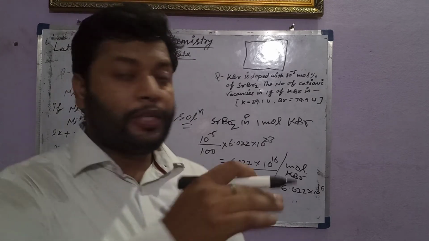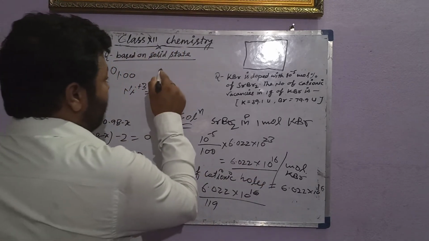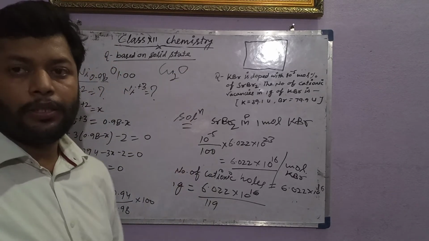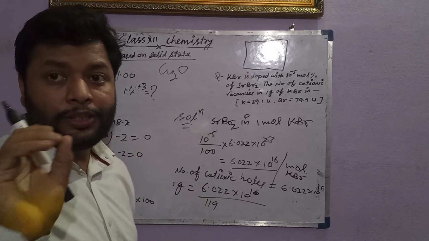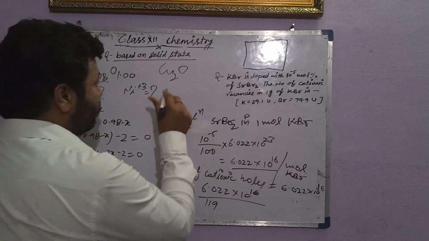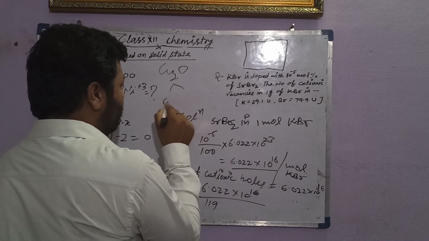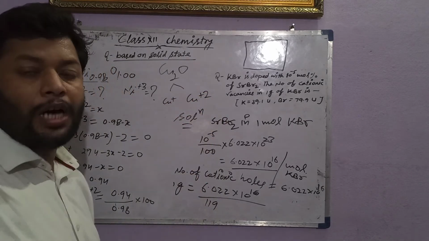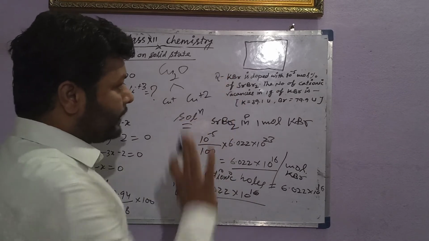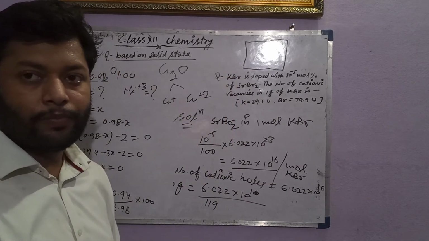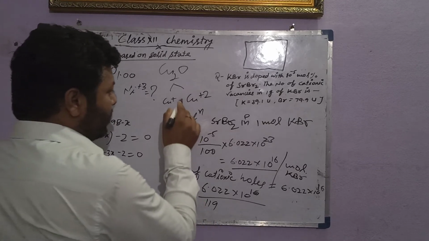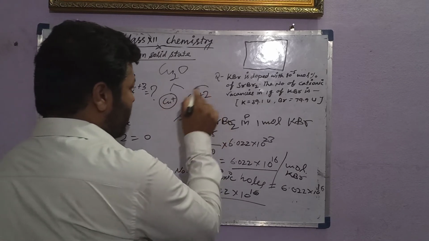I already told you, in the laboratory Cu2O, cuprous oxide, oxygen doesn't show variable valency, but copper has valency copper plus 1 and copper plus 2. This is the same as KBr and SrBr2. If this is non-stoichiometric, some of the copper plus 1 is replaced by copper plus 2.